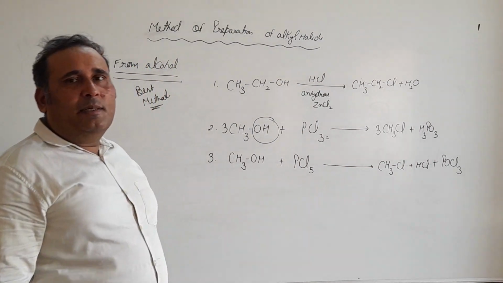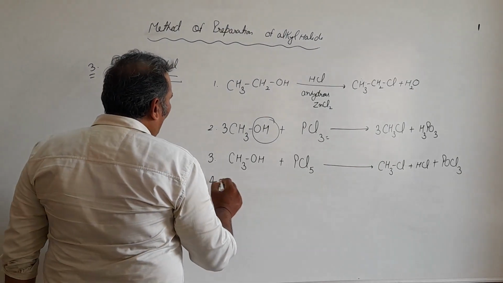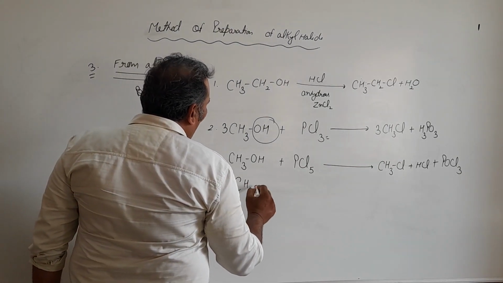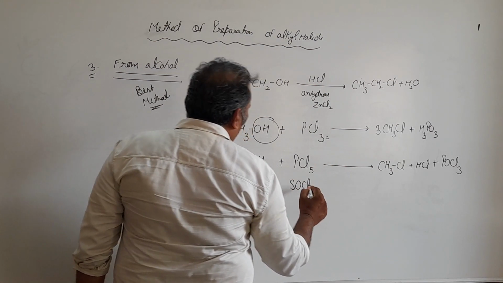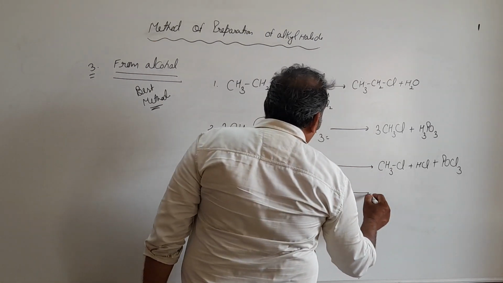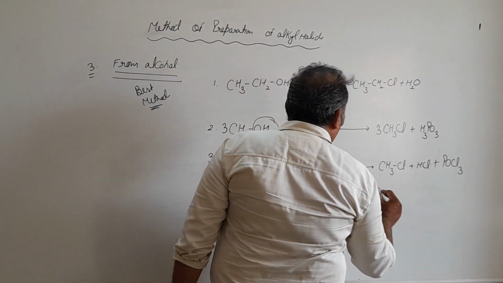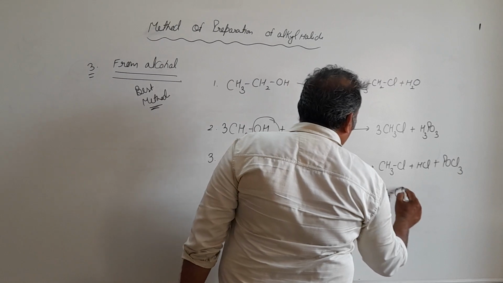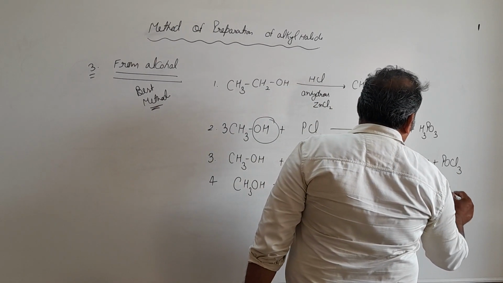So that is another method of preparation. Yes, we can also use SOCl2, like CH3OH with SOCl2. If we are using SOCl2, then one OH will be substituted by one Cl atom, so we will get CH3Cl plus HCl plus SO2.